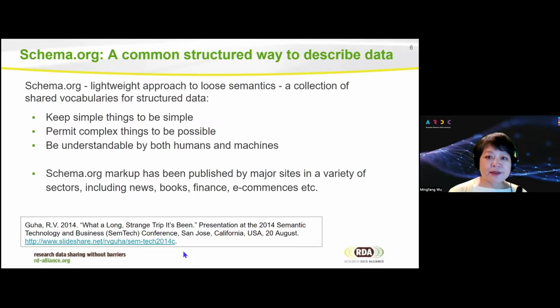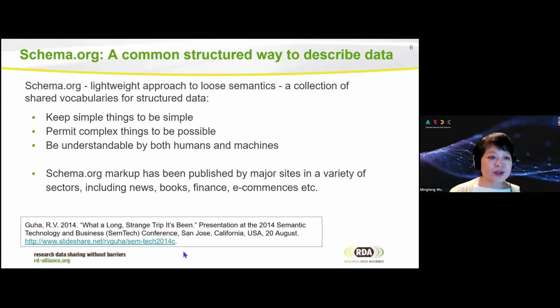The common metadata schemas this working group is looking at are vocabularies from schema.org. It's a lightweight approach to semantics. It has a collection of shared vocabulary for structured data. It's simple to implement, but it permits complex things to be possible.